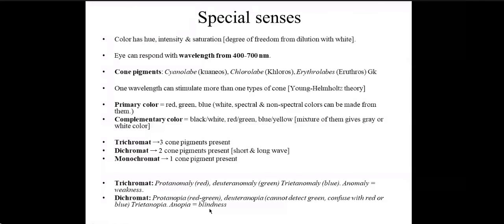Protanopia cannot perceive red color. Am I clear? So they are dichromats. Anopia means blindness. Anomaly means weakness. Up to this, clear or not? Clear, sir.